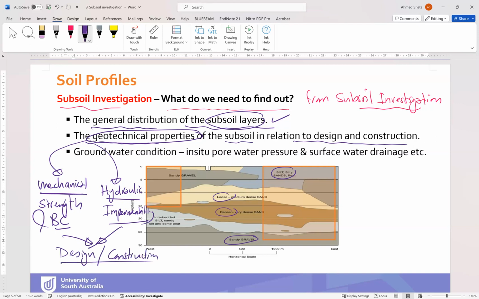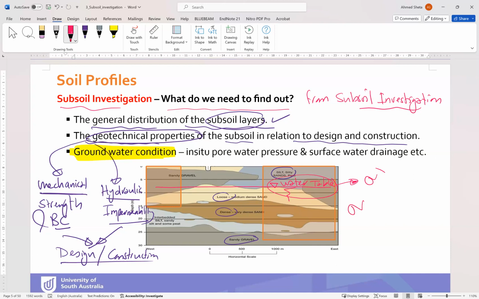Okay, it will also give us the groundwater condition. Using the subsoil investigation, you will know what the water level is. For example, if the water table is here, how do we know where the water table is? Using the subsoil investigation. Based on the water table, you can also know the effective stresses as we just did in the previous lecture.